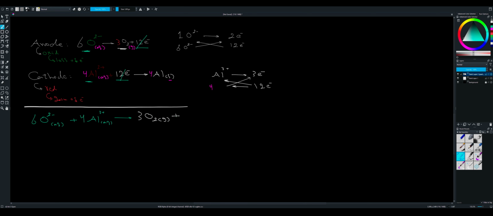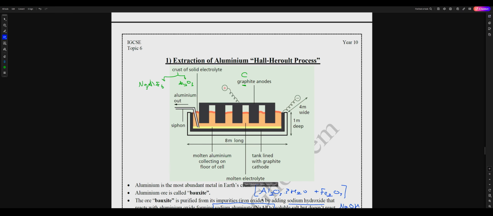And 4 aluminum atoms in a solid state, which is the product that we have been looking for all along. Because if we recall from a few minutes ago, the title was extraction of aluminum, which is Al, and that's what we have been trying to extract all along in the whole Hall-Héroult process.